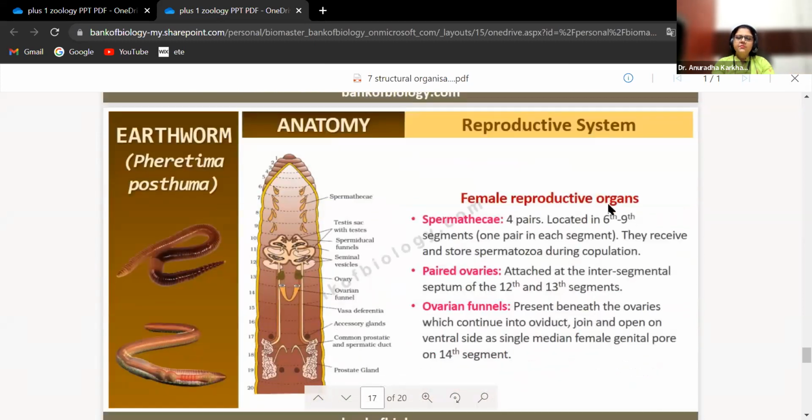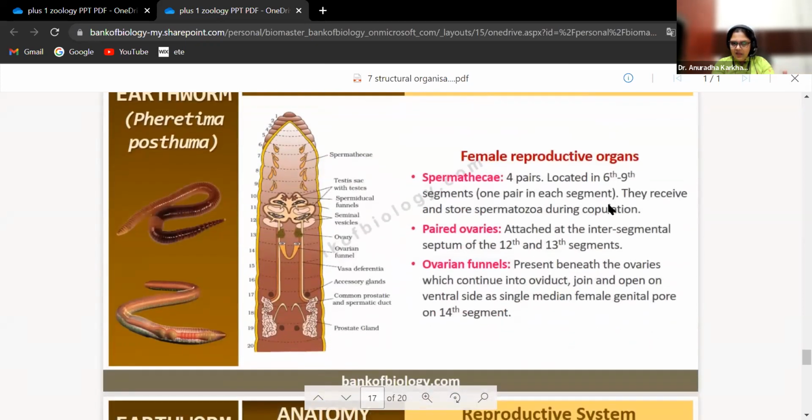Female reproductive system. Spermathecae, we already know. 4 pairs located from the 5th to 9th segments, 1 pair in each segment. They receive and store spermatozoa during copulation. Even in cockroach we had seen this word spermatheca. Here also a similar thing is present, which will receive and store the spermatozoa during copulation.